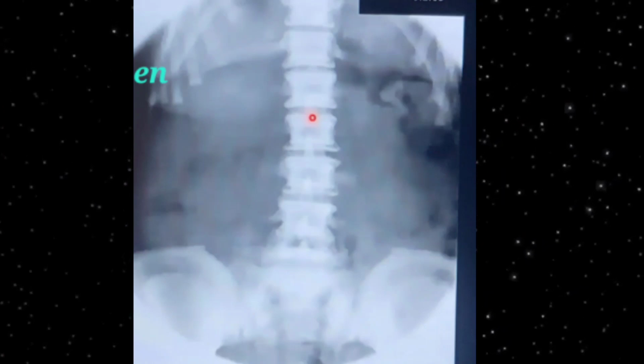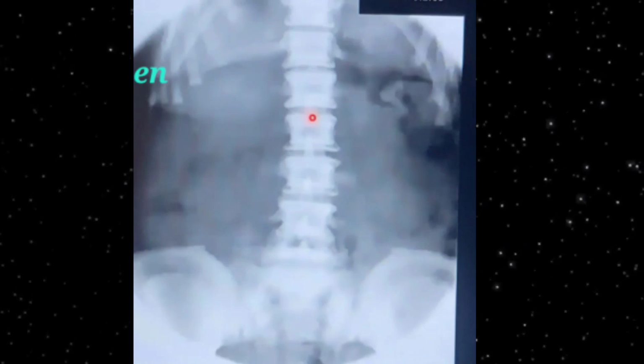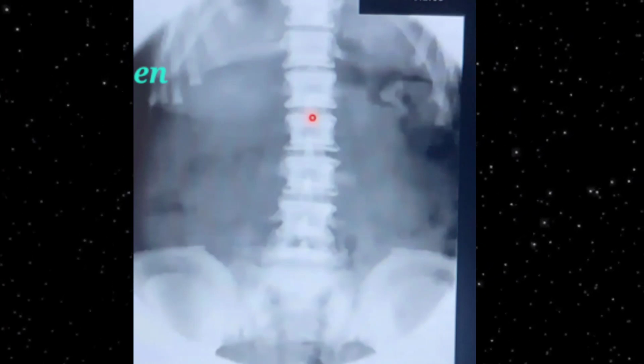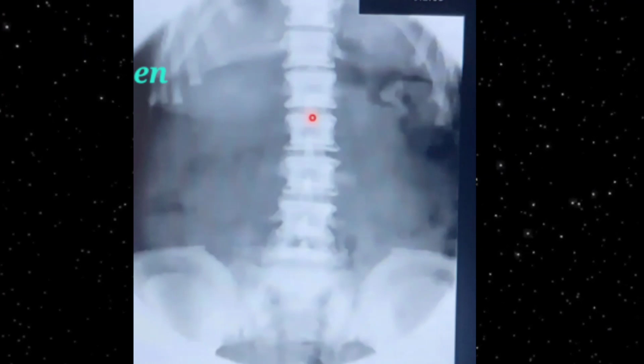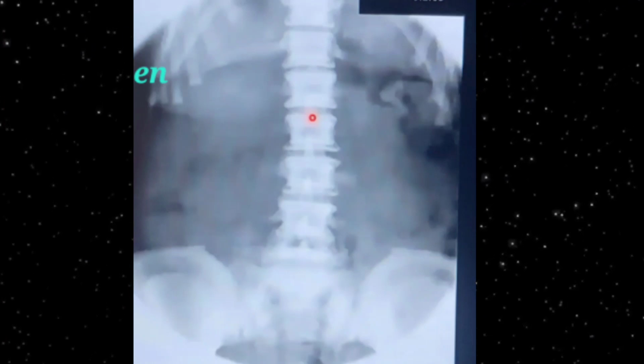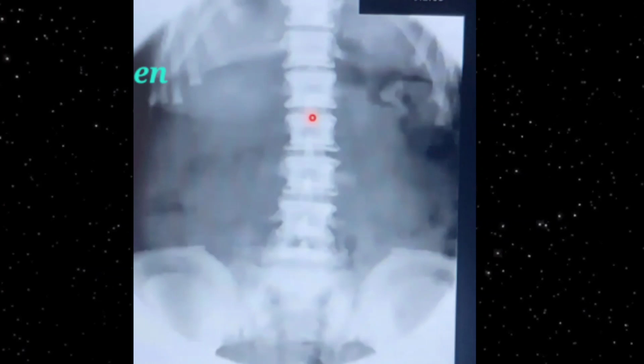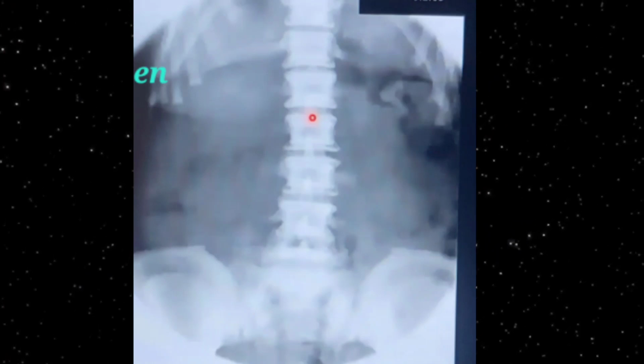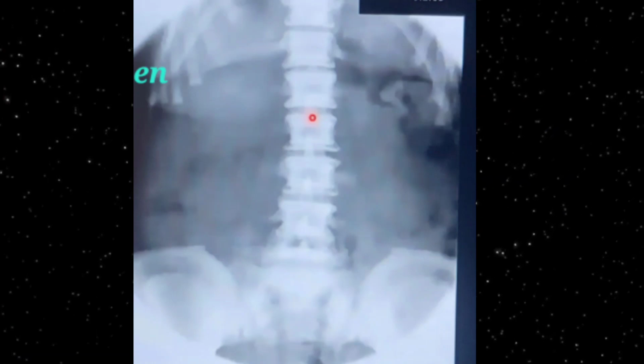Look at the ilium bone here. You can see a projection of one bone within another. This is the classical appearance called bone within a bone, and it is very common in osteopetrosis. On the basis of this characteristic, you can easily recognize osteopetrosis.